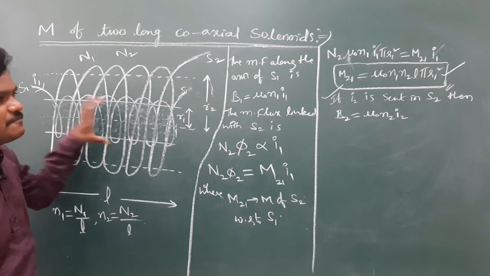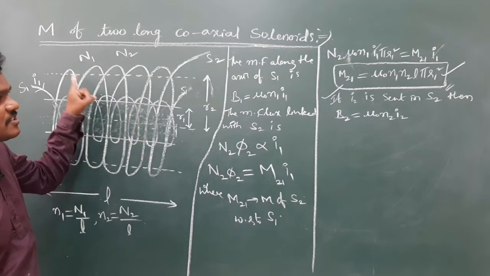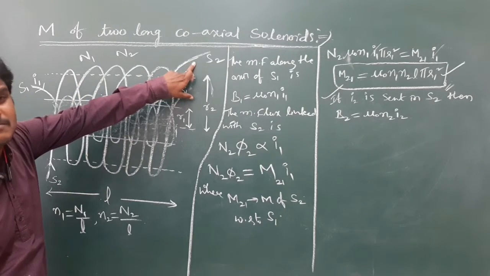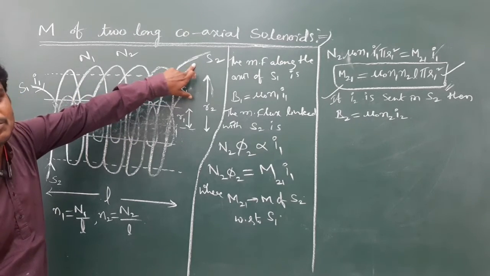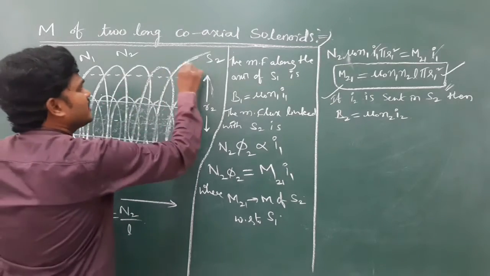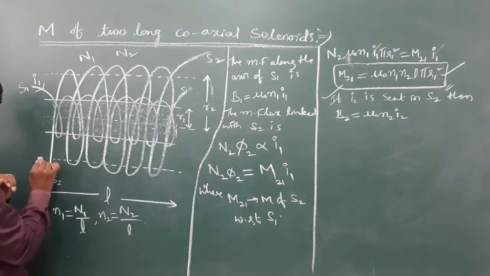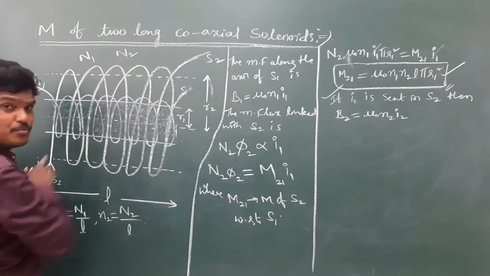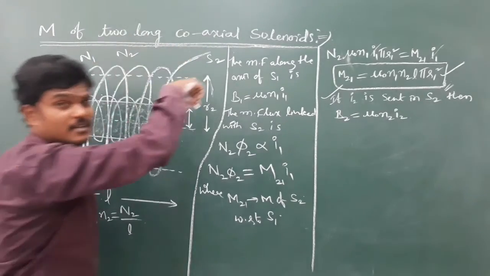Because of this field, there will be a flux, and this current I2 in S2 is proportional to what? The flux in the primary.